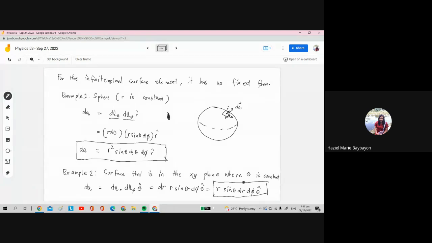Nganong theta is constant man class pag naa siya sa xy plane? Okay, theta is constant kay theta is measured from the positive z-axis towards the projection ni P along the z-axis. So automatic, pila man ni? 90 degrees. Okay.